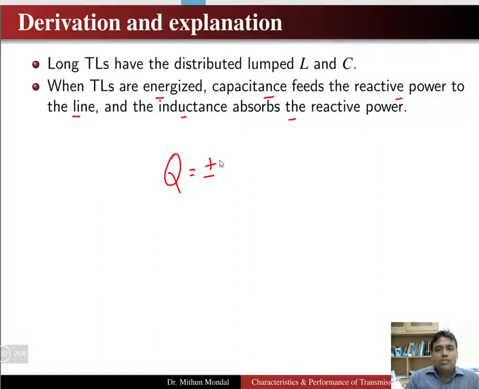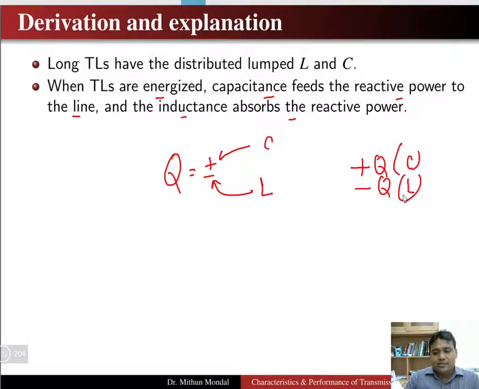The positive reactive power generally goes with capacitance and the negative reactive power generally goes with inductance. So plus Q with capacitance and minus Q with inductance.